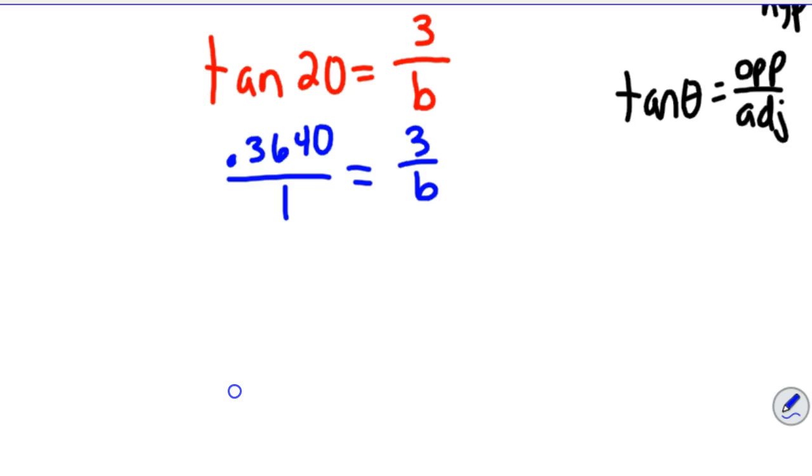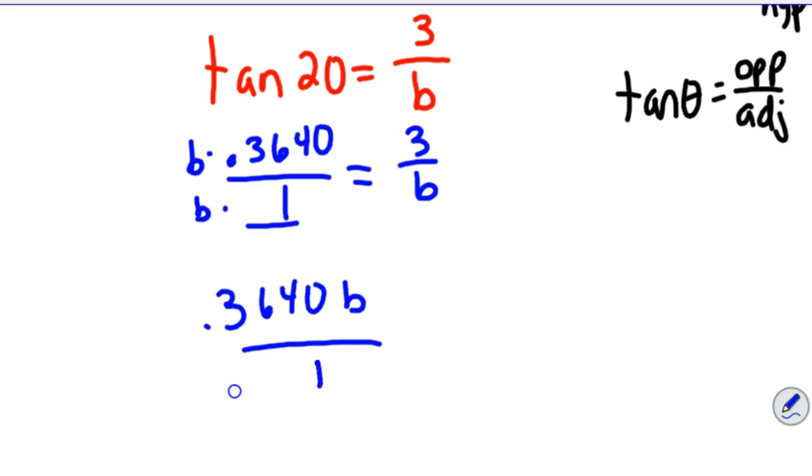You can do whatever methods you were taught to solve. I always tell my kids to cross multiply, but that's not such a great thing. You're really coming up with a common denominator of b. And so a b is missing here in the bottom. So we're taking this times b over b to get a common denominator of b. And so we've got 0.3640b over b equals 3 over b.